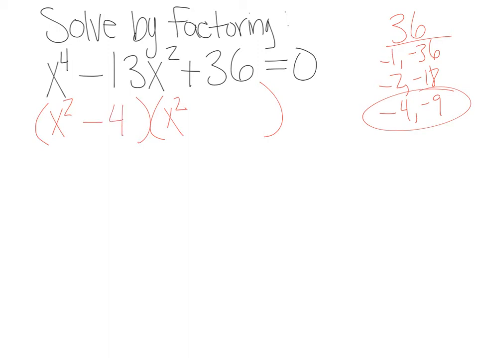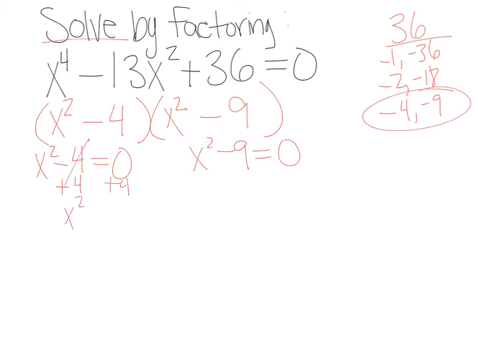So -4 and -9. And it did ask me to actually solve it, so I need to go ahead and solve these. So for this, x squared minus 4, I am going to set that equal to 0. X squared minus 9, I'm going to set that equal to 0. And solving, I'm adding 4 to both sides. I end up with x squared is equal to 4.